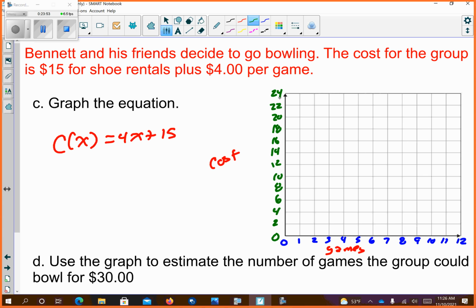Okay, and I think that's going to allow us to graph it. So this right here is my y-intercept. That's my b value. So I'm going to plot 0, 15. So 0, 15 is about right there.